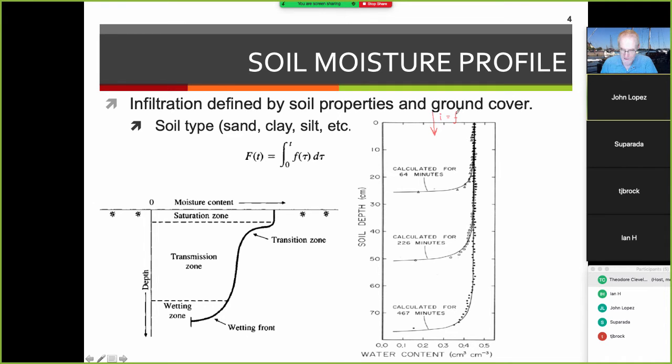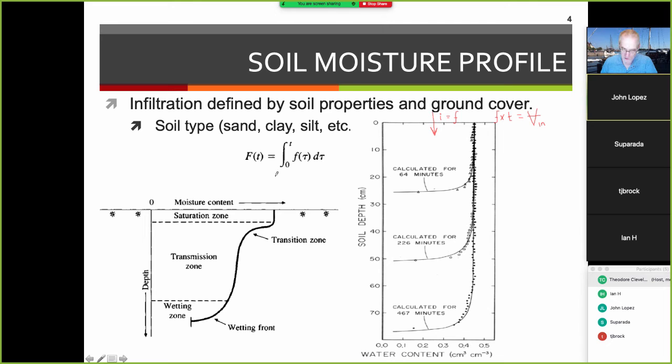If we keep track of the rate and multiply by how much time occurs, we get an infiltration volume, so that script F times some time equals the volume infiltrated.